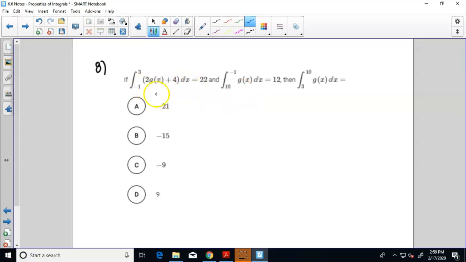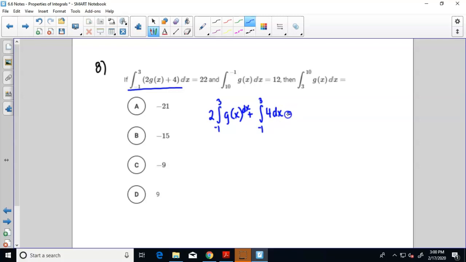This one's kind of tough because if we think of breaking this down, we've got the integral from -1 to 3. It would be 2 times the integral from -1 to 3 of g of x plus the integral from -1 to 3 of 4, and we should have a dx with it.